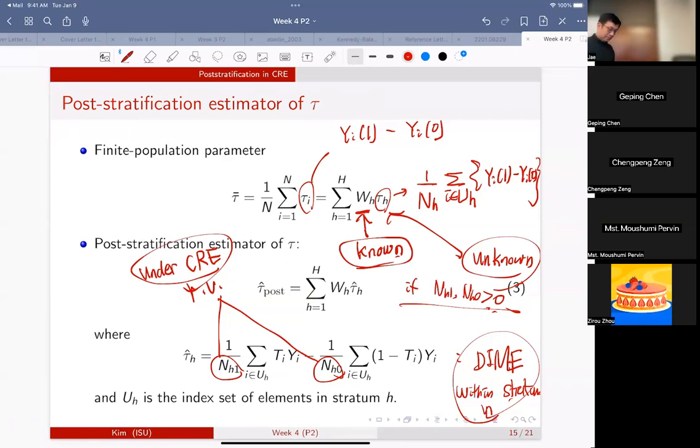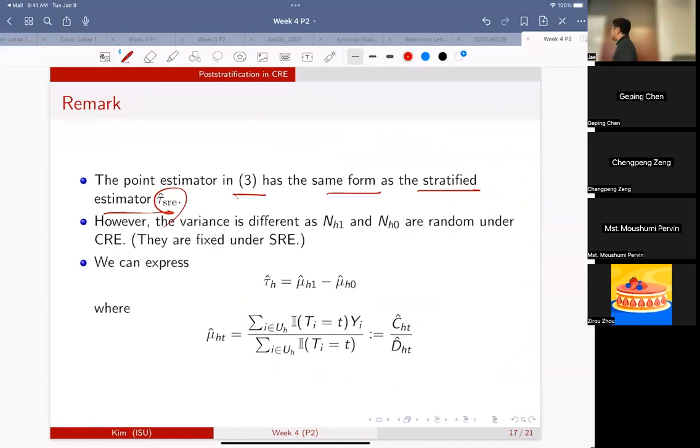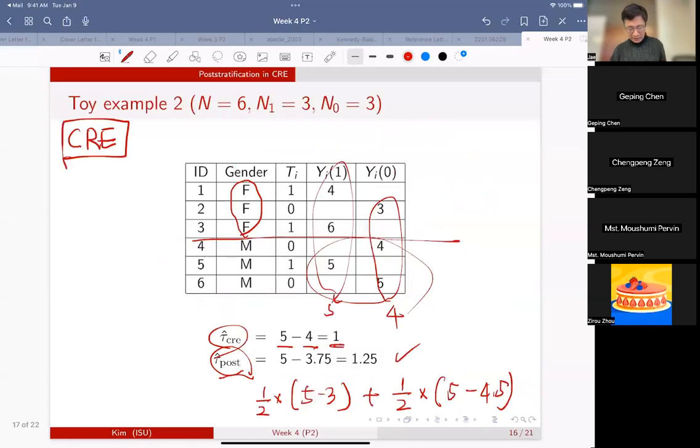However, variance is a tricky part, because, again, the denominator is random. The denominator is random, so that involves some additional algebra, which is basically a Taylor expansion.